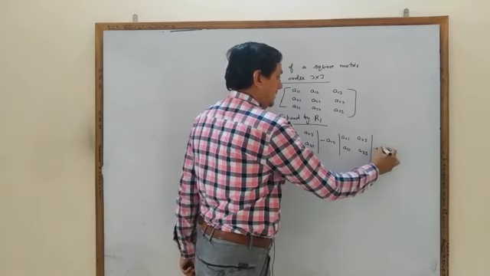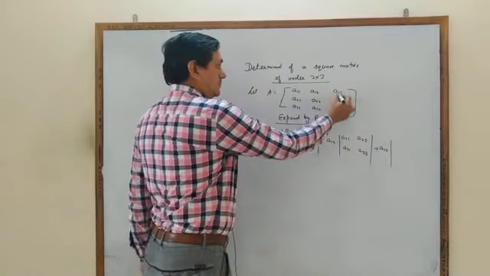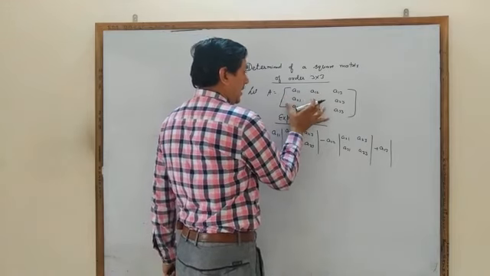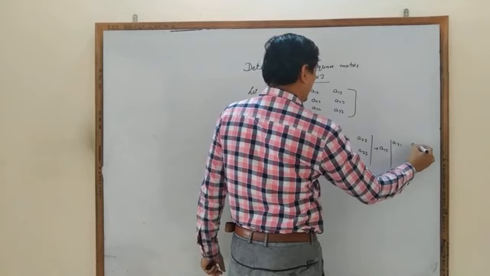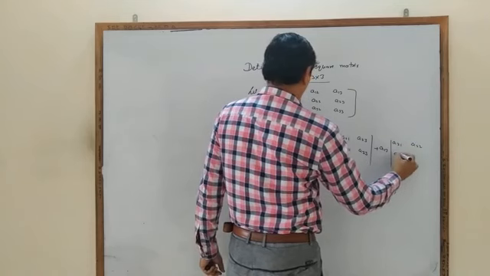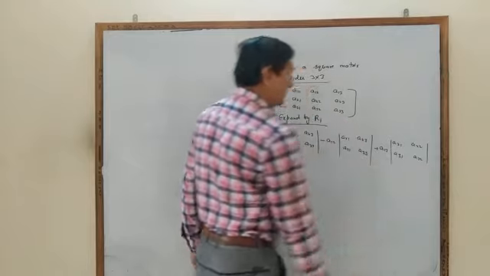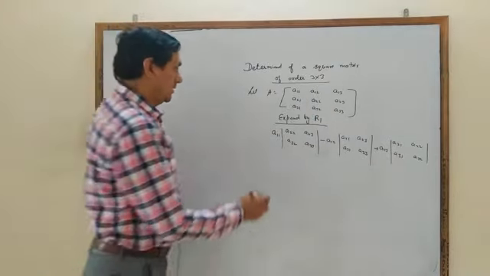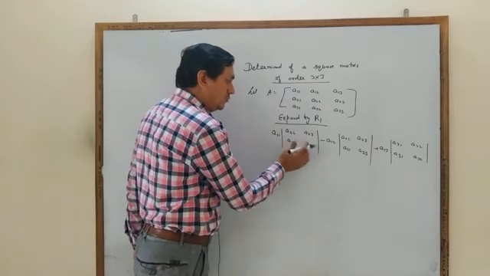Then the third element A13 with a positive sign, put a cross on it. We have these four elements A21, A22, A31, A32. Do not disturb their position, write them as they are. Now we have learned how to calculate the determinant of order 2 by 2.